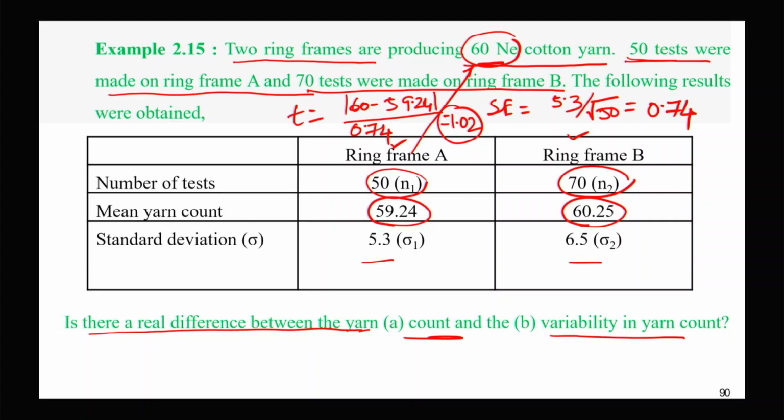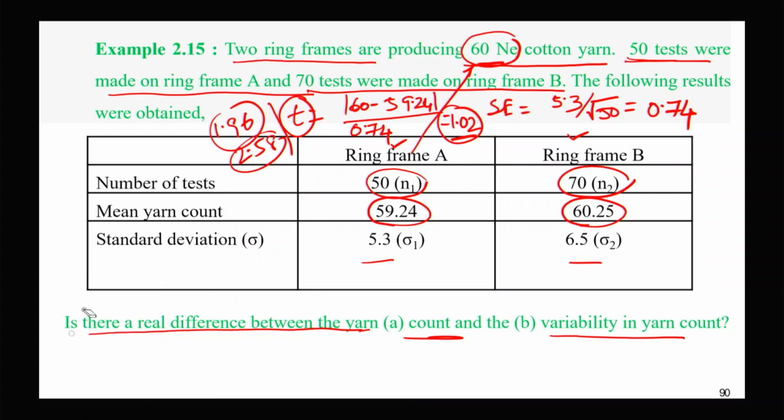But when we do the significance test, 1.02 is less than 1.96, which is the 95% level, and 2.58, which is the level for 99%. These are less than the table T value. We conclude that this is not significant.